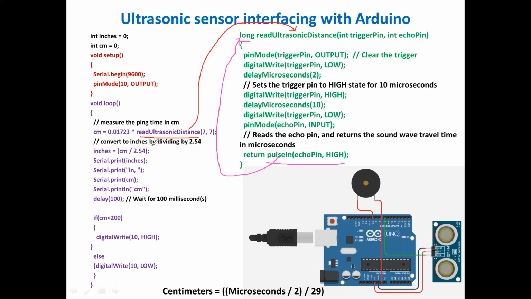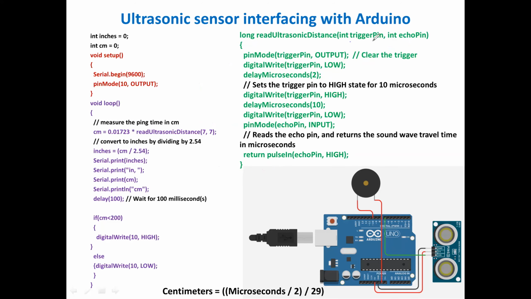In this function I'm receiving 7 for the trigger pin, and once again 7 for the echo pin, which tells you that the 7th pin is interfaced with the trigger or echo pin. So both are the same here.